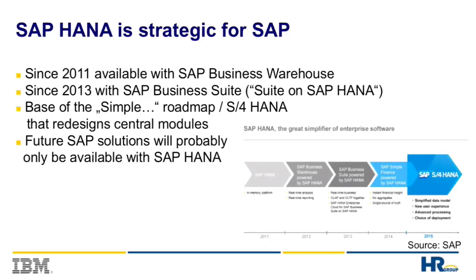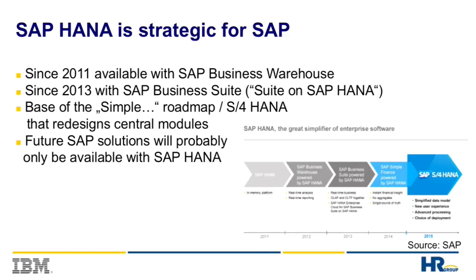SAP strategic time. So that is from the customer. BW was the first use case available on HANA. Then in 2013 Business Suite comes up, and Germany is a very SAP-focused country, so the customers believe in what SAP says to them.